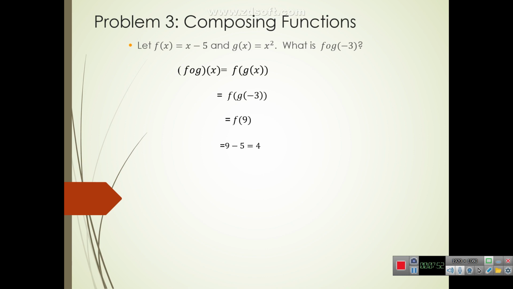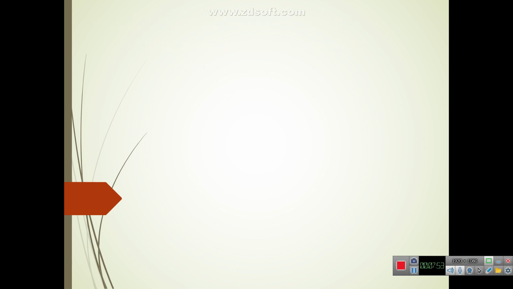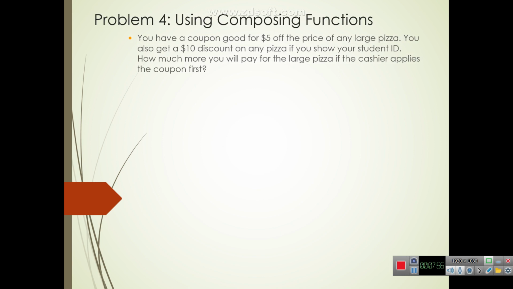That's problem 3. Now, let's proceed to problem 4. Problem 4 is the application of the composite functions. You have a coupon good for $5 off the price of any large pizza. You also get a $10 discount on any pizza if you show your student ID.